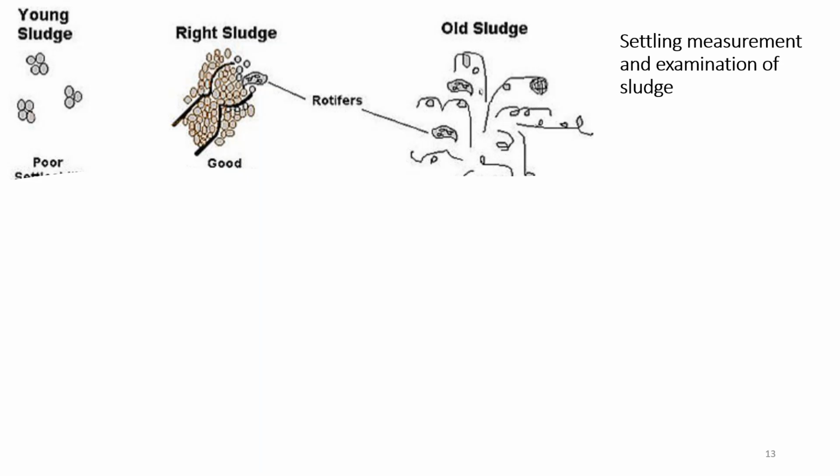Some other process control that we use for activated sludge in general is by examining sludge. We can examine the sludge by looking at how well it settles, and we can look at the actual sludge flocculation particles, and you can have poor settling where you have sludge that's either too young or too old, and when it's just right, it flocculates well and settles well.